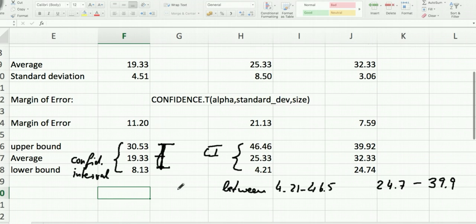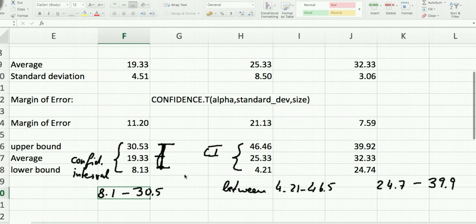And what we obviously observe here is that I forgot to write that down for Tom. So it is between 8.1 and 30.5. So Tom's prediction would be that the true average is between 8.1 and 30.5. Wahid's prediction is between 4 and 46.5, and Toya's prediction are, so they are all in the same range.